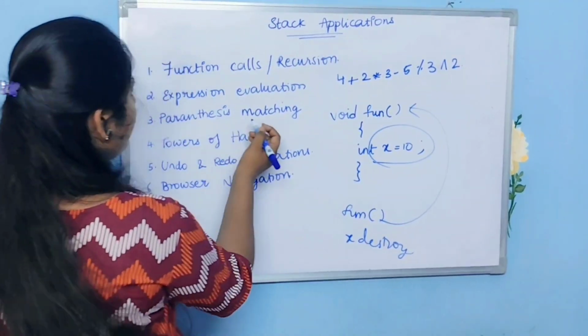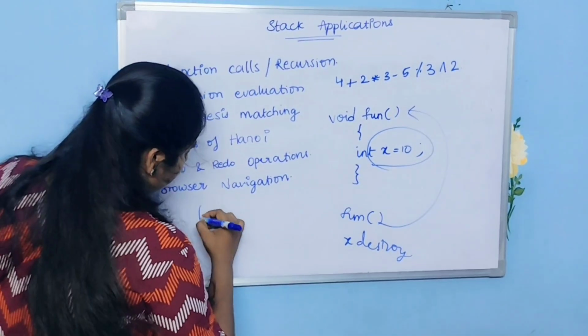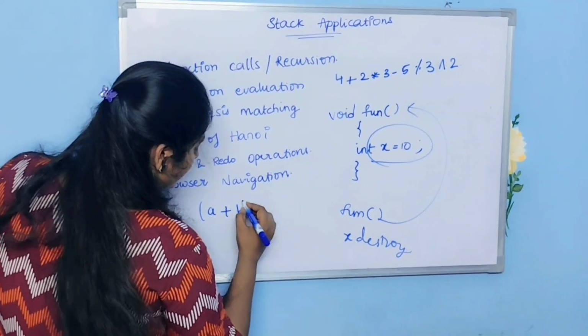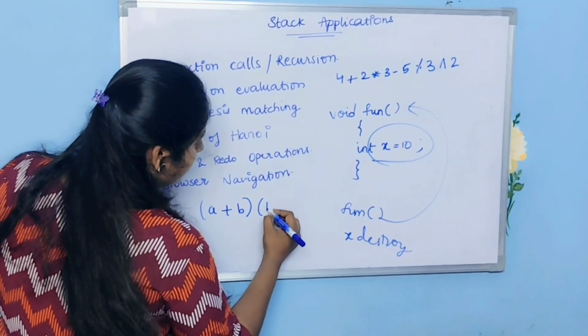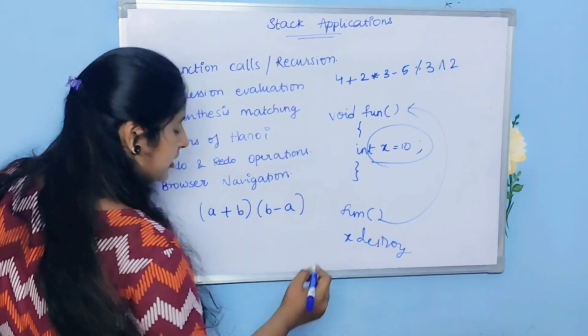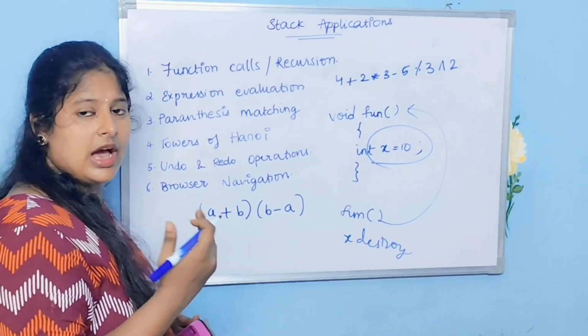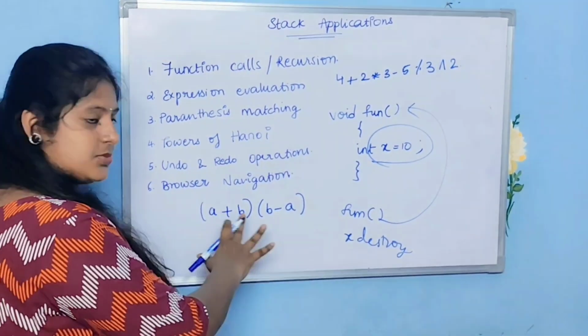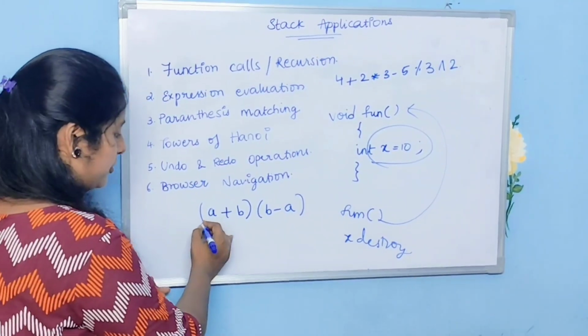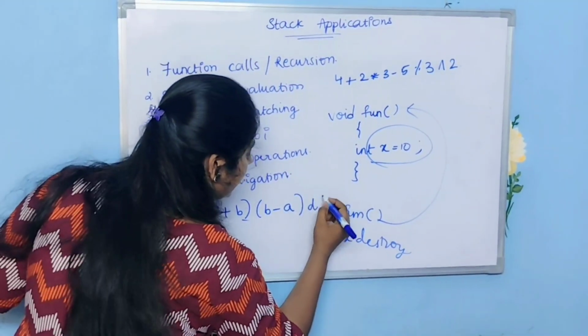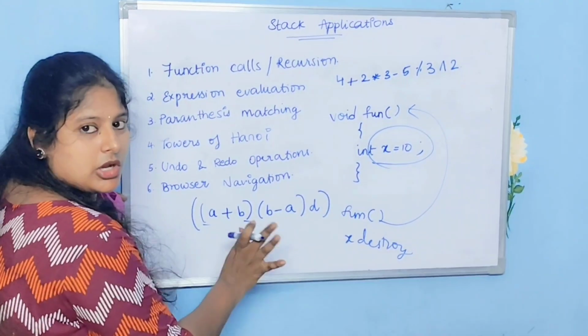So what is meant by parenthesis matching? Let me write an expression: a plus b into b minus a. When I see this expression, I will understand which bracket belongs to which bracket. This is my opening bracket, this is my closing bracket. For example, if I have a statement like this, this is also understandable.